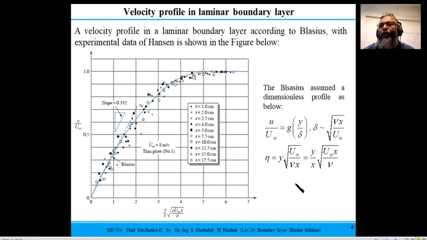So at this point we can have some velocity profile which would be some function of y and delta. So y is here, and I just substitute the delta here. So this becomes a new variable. I call it a similarity variable eta, which is basically some function of y over delta, and we can write it like this.